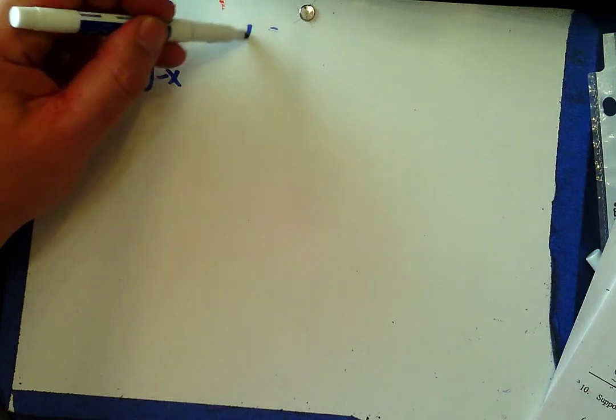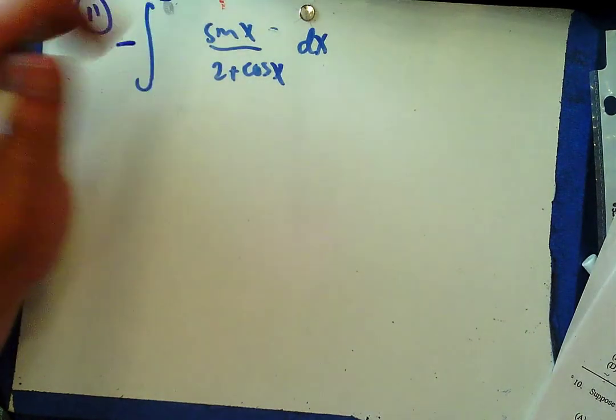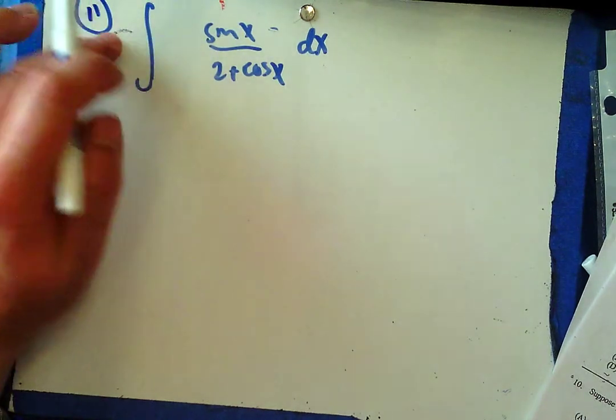Okay, number 11 is the integral from negative pi to 0 of sine x over 2 plus cosine x dx. The first thing I'm going to do is pull out a negative. Negative pi to 0.